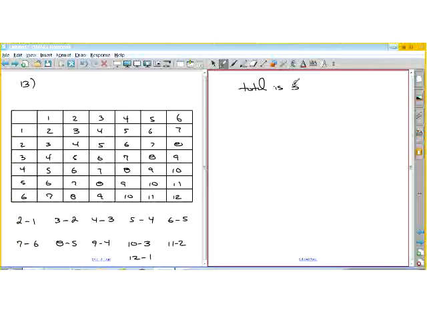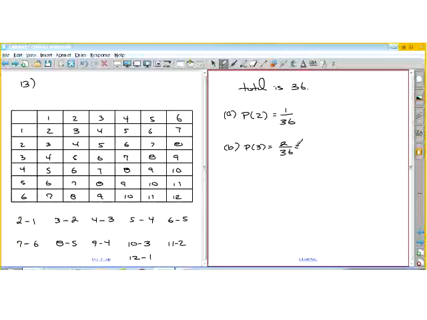So total is 36 because there are 36 squares. So as far as finding the probability of all these different choices, it's very simple. The probability of getting a 2 is the number of occurrences of 2 in my table divided by the total number of occurrences. And then you can just go ahead and do all of them that way.